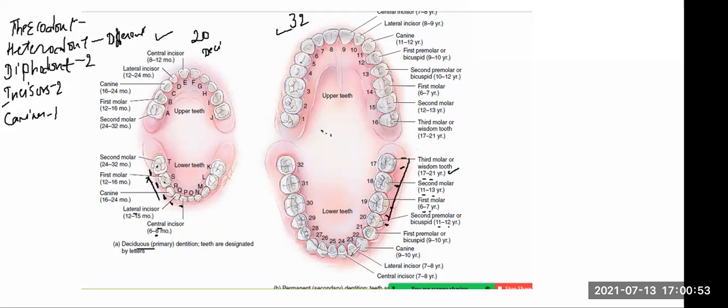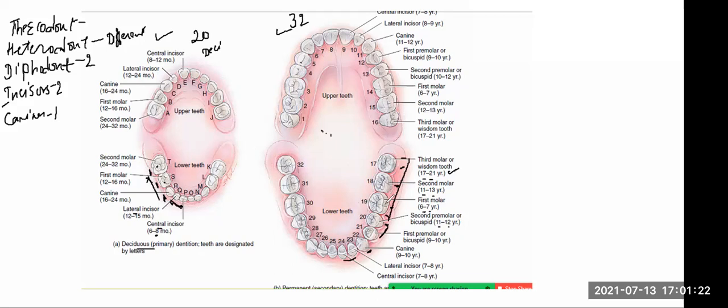If you look at the incisors, these two, the central and lateral incisors, have replaced the deciduous central and lateral incisors. And this canine has replaced this deciduous canine. And these two premolars have replaced two deciduous molars.